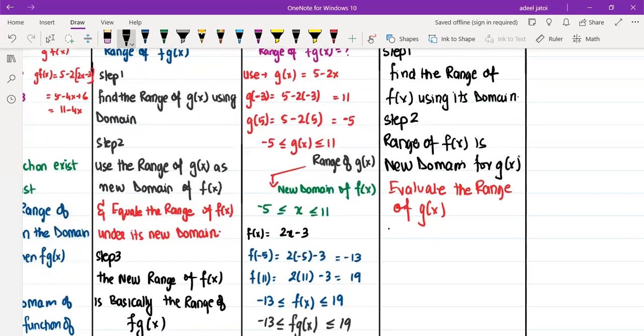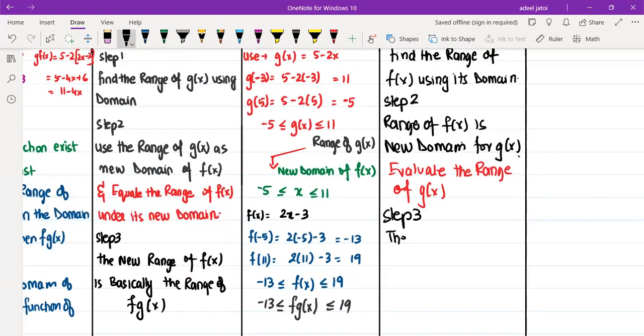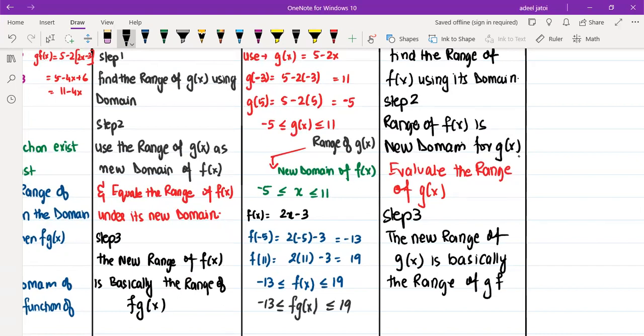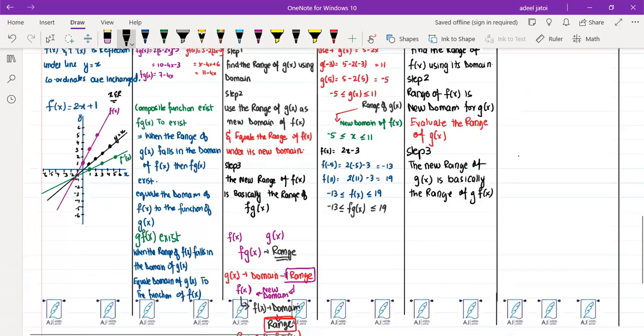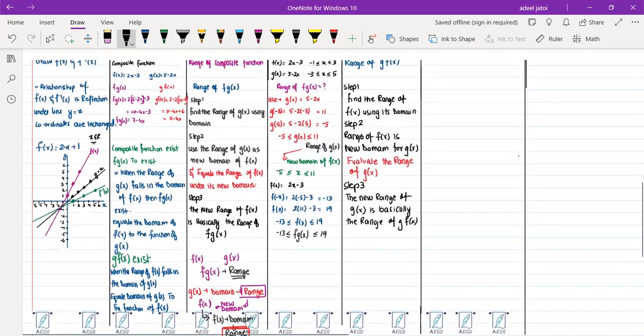Step 3, the new range of g(x) is basically the range of g(f(x)), the range of g(f(x)).